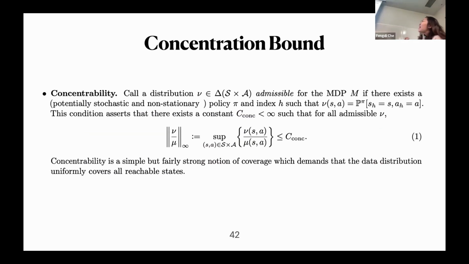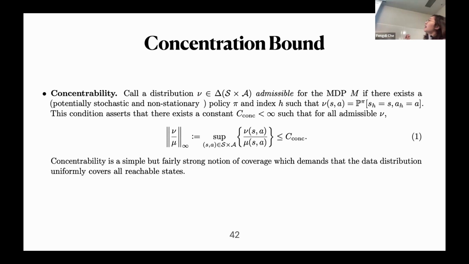So first, it defines what an admissible distribution nu is. It means there exists a policy and a step h, so that this nu is equal to the probability for a state action to show up at step h under this policy pi.